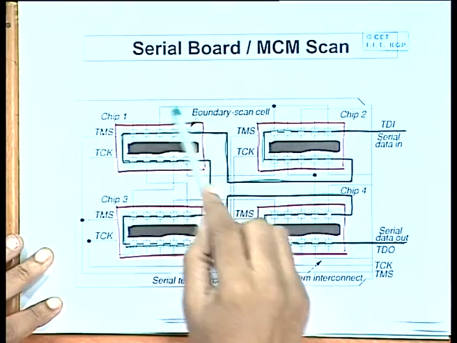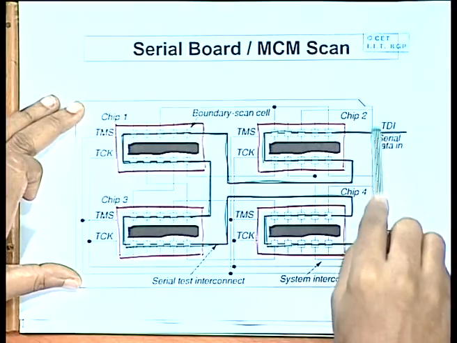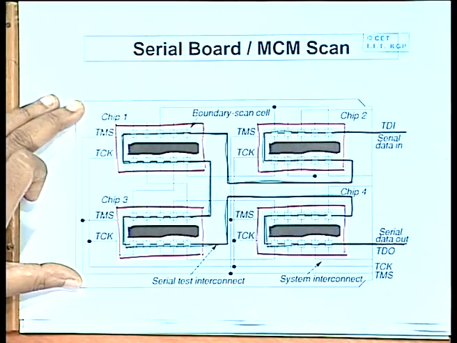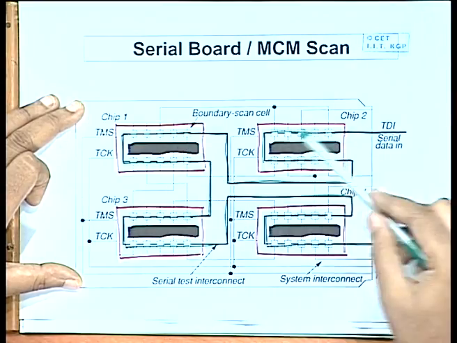The advantage we gain is that at the level of the PCB we have a single TDI and a single TDO. If we had a sufficient number of pins, we could have had 4 TDIs and 4 TDOs, so that we could have tested them together.